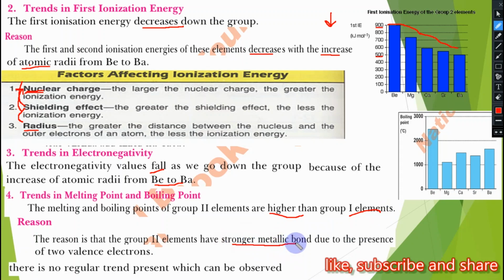The metallic bond of alkaline earth metals is stronger than that of alkali metals, because alkali metals have only one valence free electron which takes part in the metallic bond, while alkaline earth metals have two valence electrons which take part in the formation of the metallic bond.